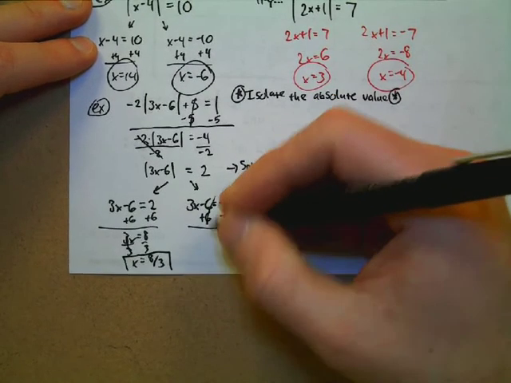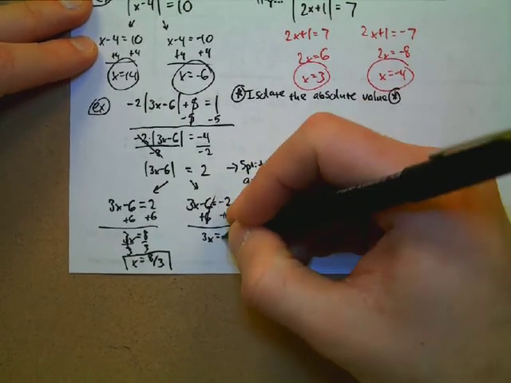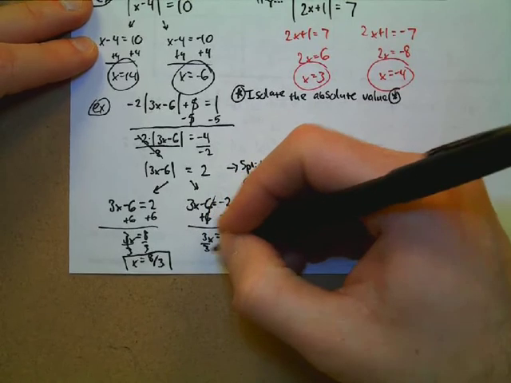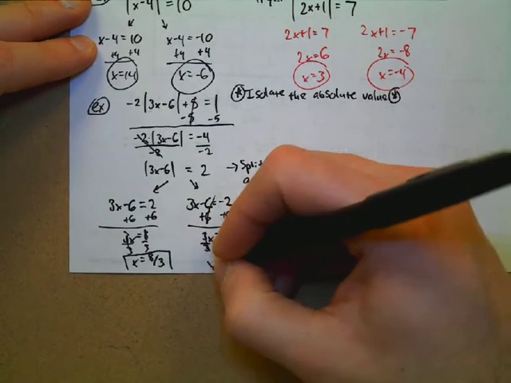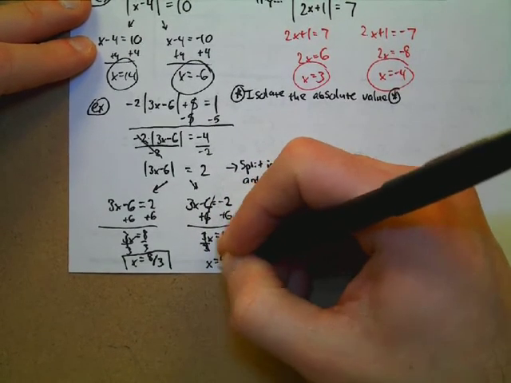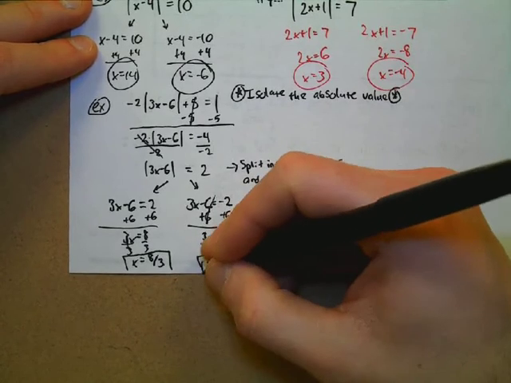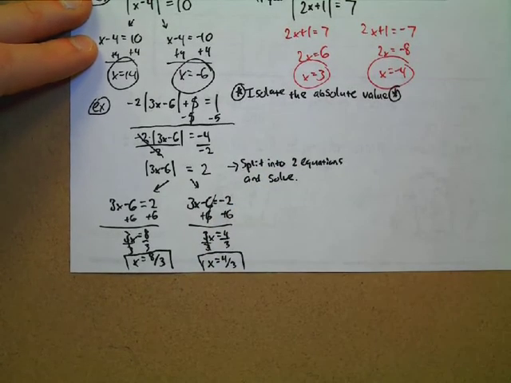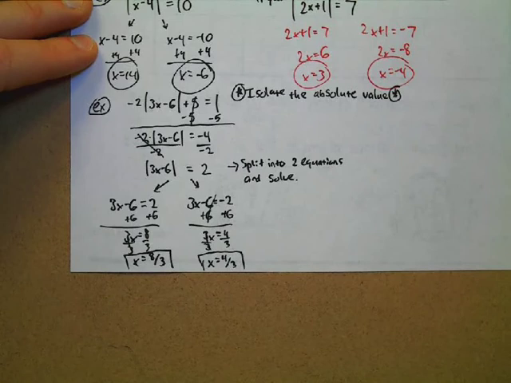We get 3x equals 4, and then divide both sides by 3. Oh man, another fraction. Now we really think we got this one wrong, right? But if you don't believe me, you can always plug it back into your equation.